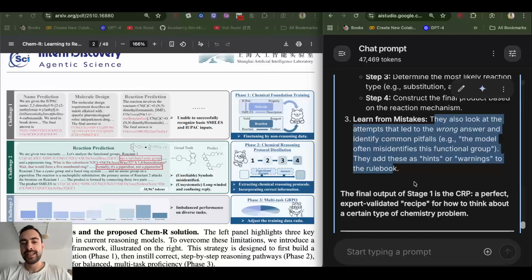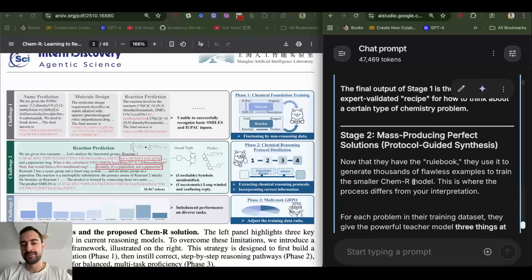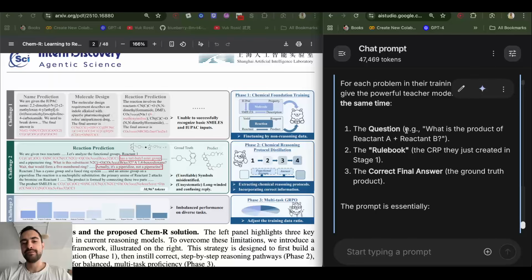It's like a text with rules. In the next stage, they will use these rules to generate perfect training data, or I guess as perfect as it gets. They will give the question, this rule book explaining how to reason, and the correct final answer. So this big LLM will now generate as good as it gets reasoning paths to go from question to the final answer.